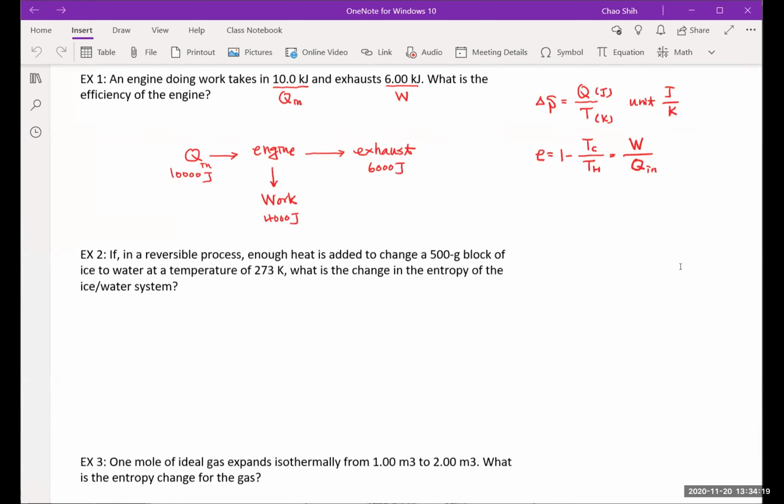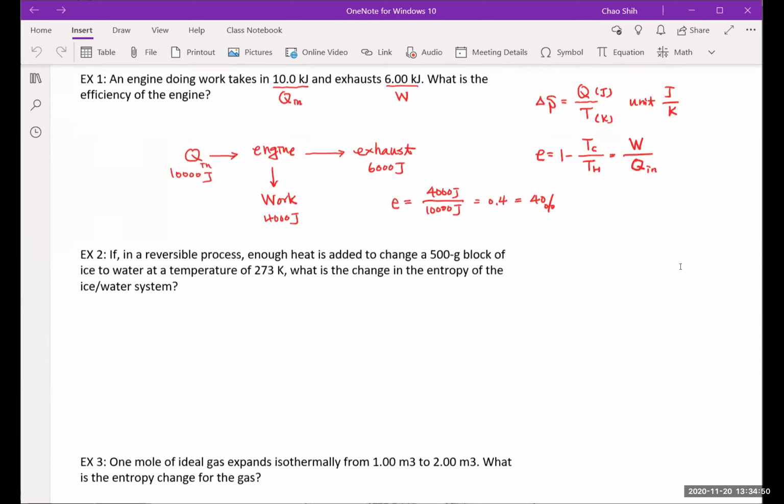The 6,000 is the heat that you actually received, but it's going to waste some of the energy to do the work in order to give you the heat. So the efficiency of this system is actually equal to the work, which is a 4,000 joule divided by 10,000 joule, and that will give you 0.4, or this is 40% of the efficiency.